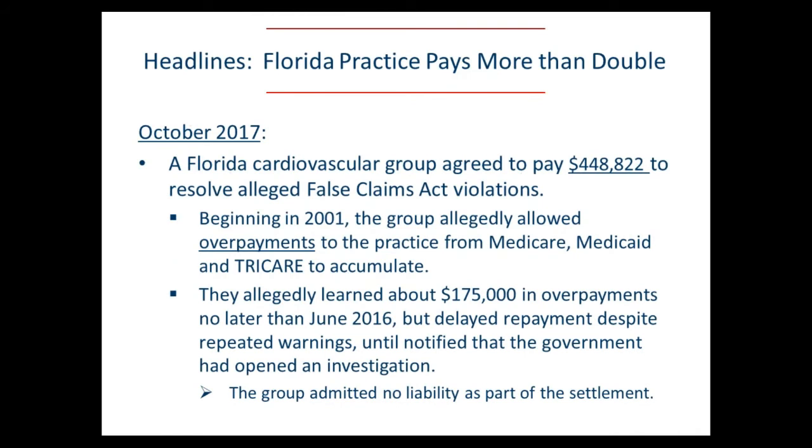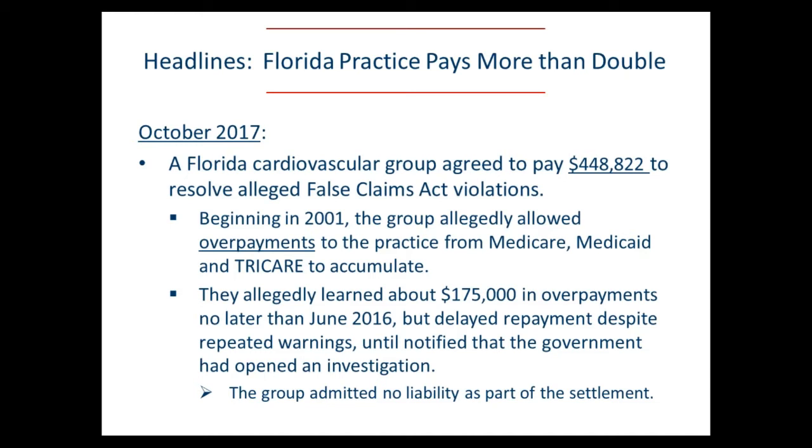Enforcement activity is not limited, of course, to hospitals. Back in October of last year, a Florida practice had to pay nearly $450,000, again, to resolve Federal False Claims Act violations. The allegations were that the group had allowed significant overpayments to accrue from a variety of federal health care programs, Medicare, Medicaid, TRICARE.